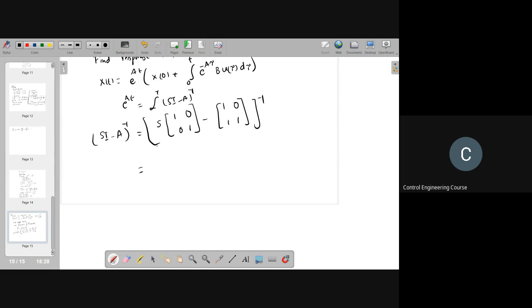So this is [s minus 1, 0; minus 1, s minus 1] inverse.